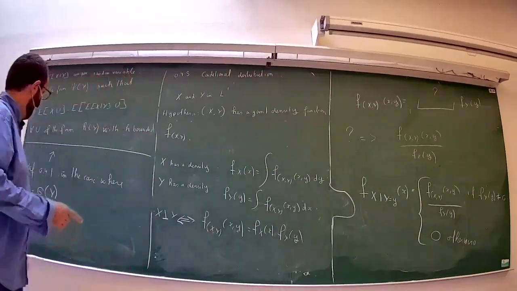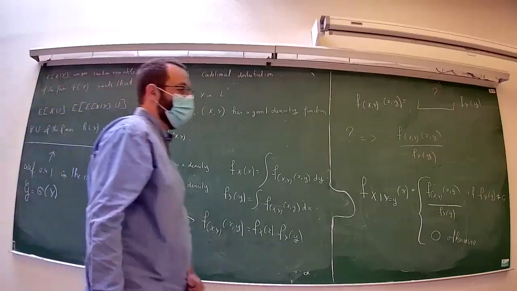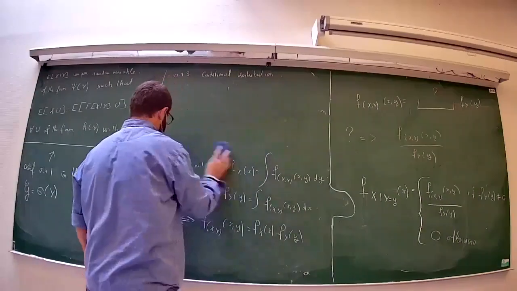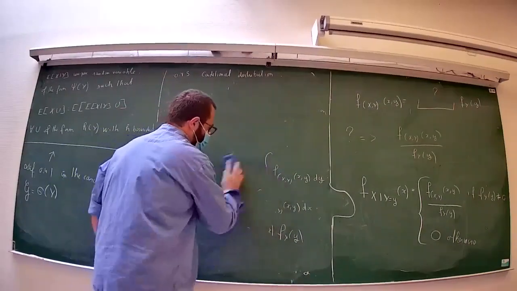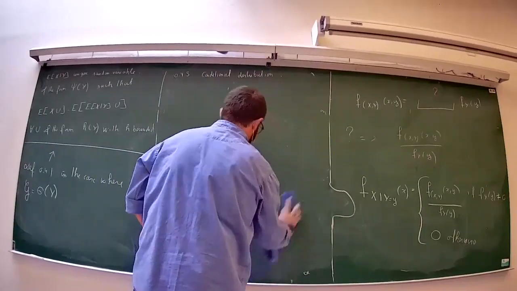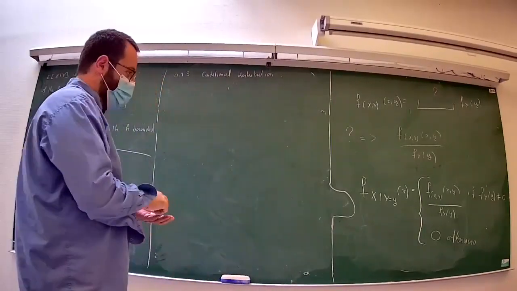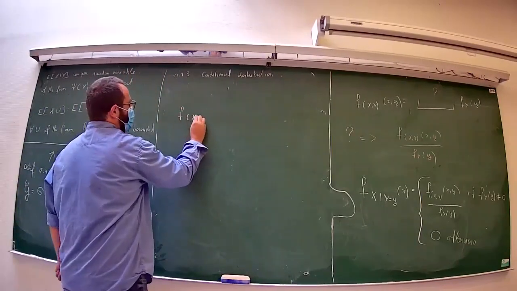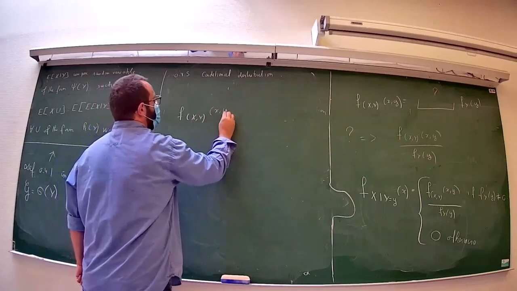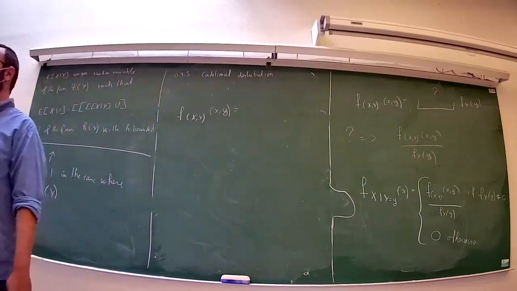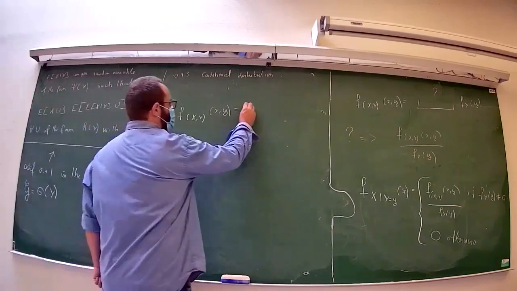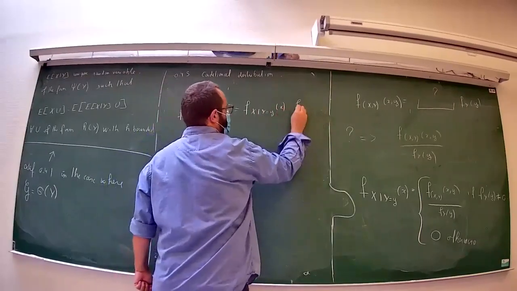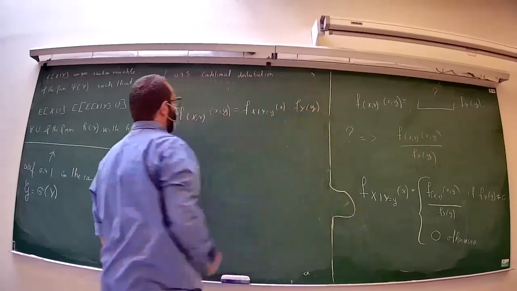And we can prove that if you have this, you always have the following: the joint density can also be written as the product of the conditional density of x given capital Y equal to small y, multiplied by the density of y.